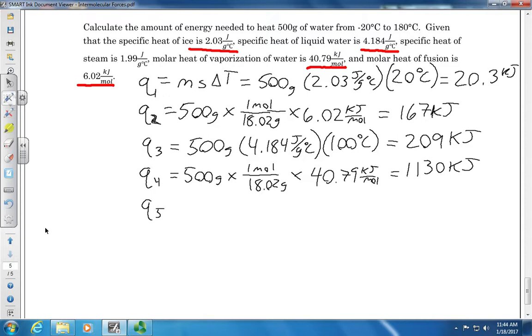Our fifth and final leg of the journey is to account for the change in temperature from 100 to 180 degrees Celsius.